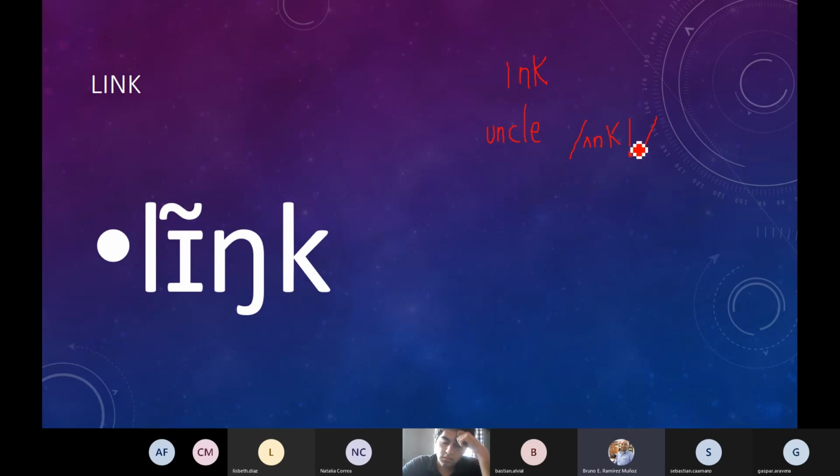You go from k to the syllabic l, okay? And here we have an n before a k, a velar consonant sound. So it's not the alveolar n, but the velar nasal. So when you transcribe uncle, you need to consider the symbol before a velar consonant sound, such as k or g.